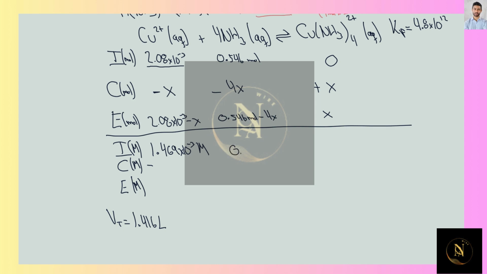Here we're going to have 0.3856 molar. And here we're going to have still 0. The amount of change is going to be the same. This is going to be minus x, and this x is going to be in concentrations now. And here minus 4x and plus x. And at equilibrium, we're going to get 1.469 times 10 to the minus 3 minus x, 0.3856 minus 4x, and x at the very end.